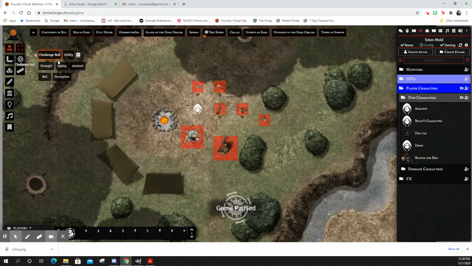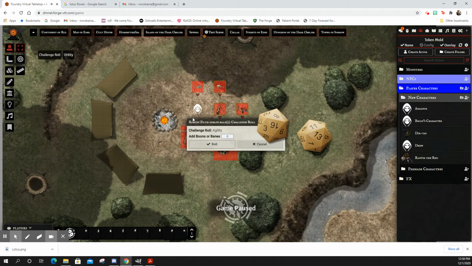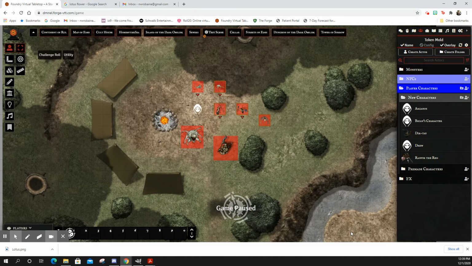Then you go to challenge roll and roll agility. Of course, you add any boons or banes that would apply. And then you make a roll for number 1, roll for number 2, roll for number 3, and you see the name changes every time, and roll for number 4. Well, there's only 3 selected. But anyway, super fast. It's exactly what I had asked for and wanted. So thank you very much, Bo Kellett Helwig or Xacus, for implementing that for us. That is an excellent improvement.